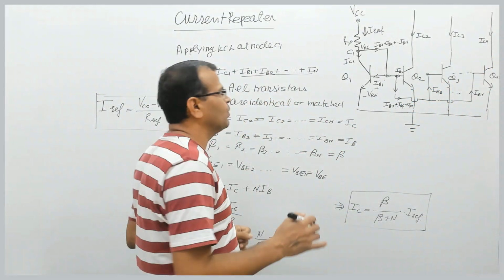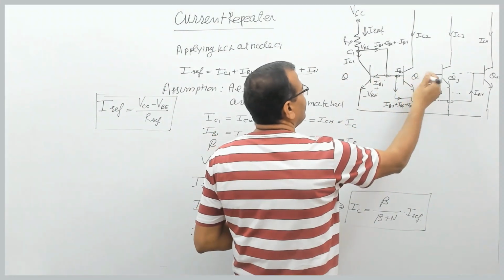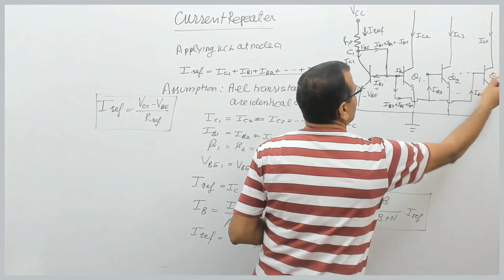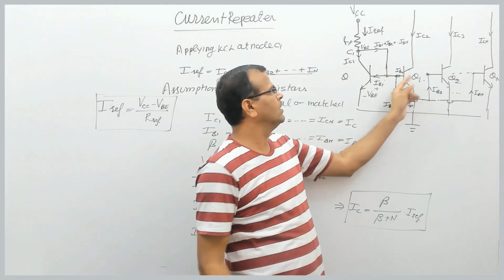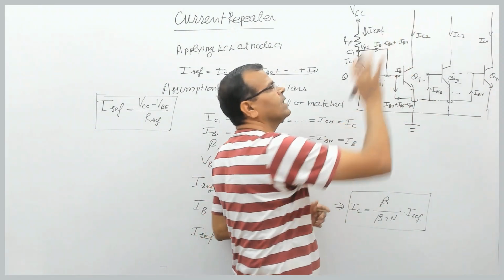In my textbook, if you make it Q1, if you make it Q2, and if you make it Qn, then what will be this current? This current will be IB1, so this will be IB plus IB1 plus and so on.